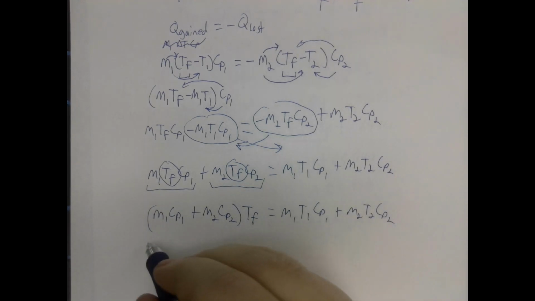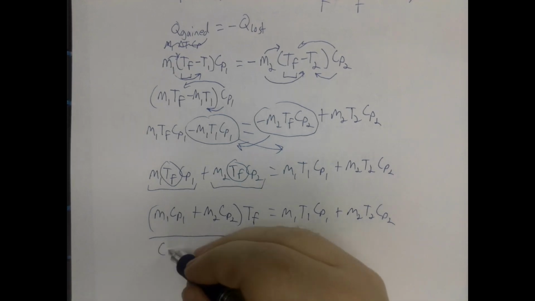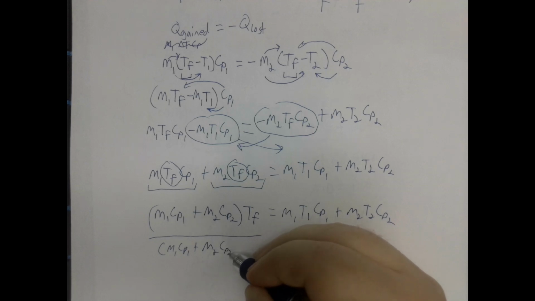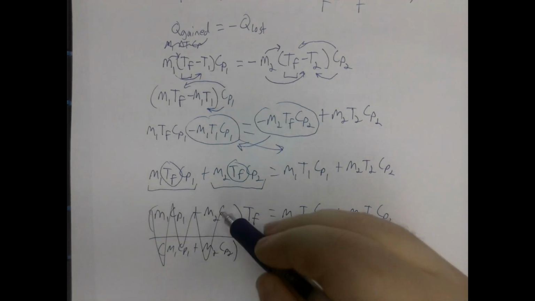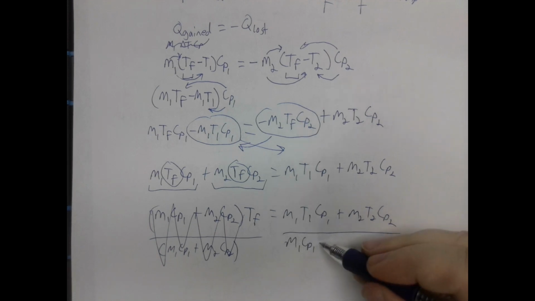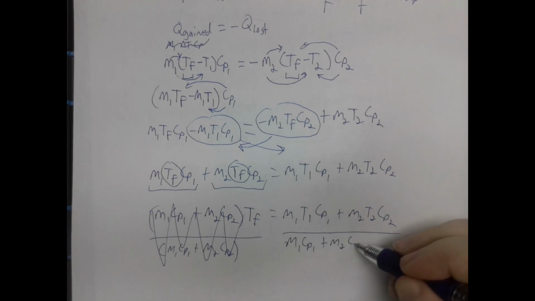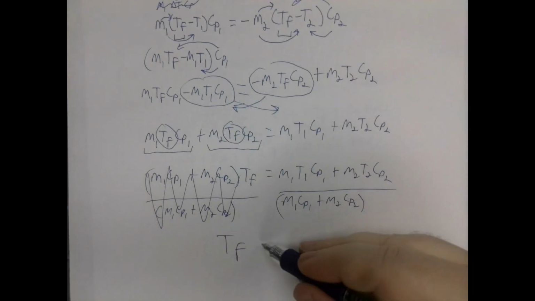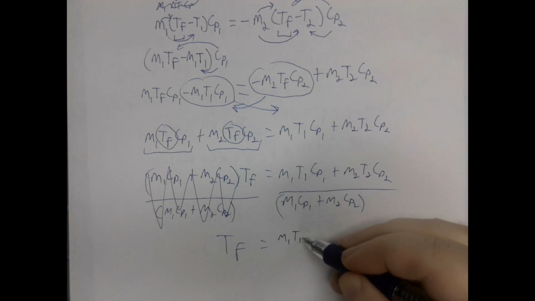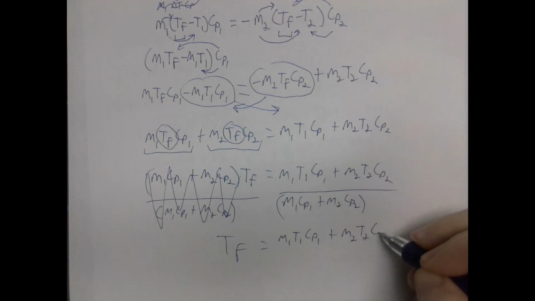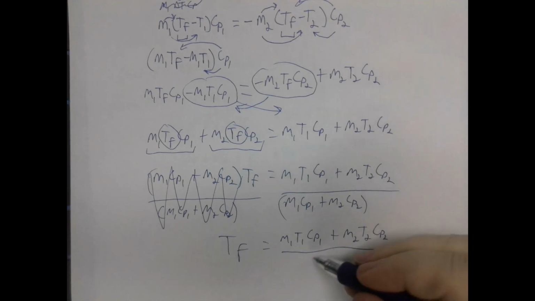And now I divide both sides by this term here, M1 Cp1 plus M2 Cp2, which cancels it out right here. And so my final temperature is equal to this. Plug in my given variables into this equation, and you're all done.